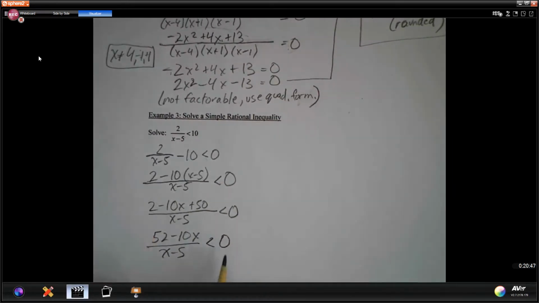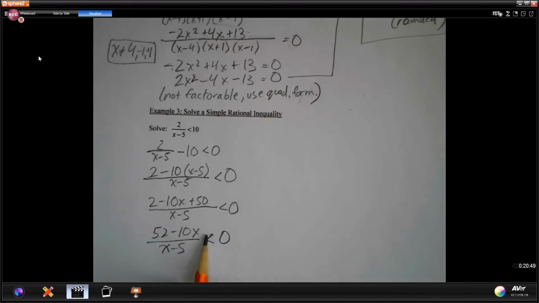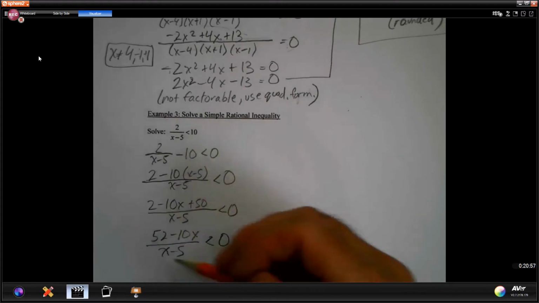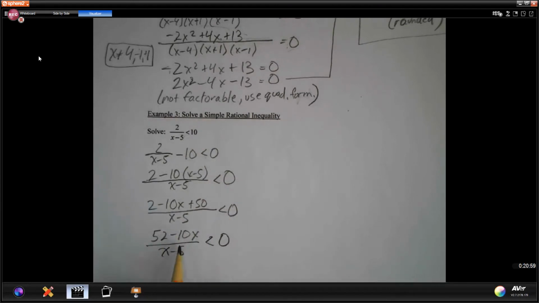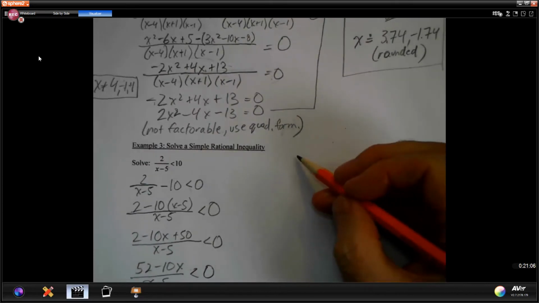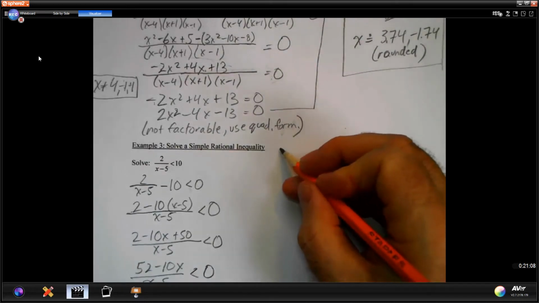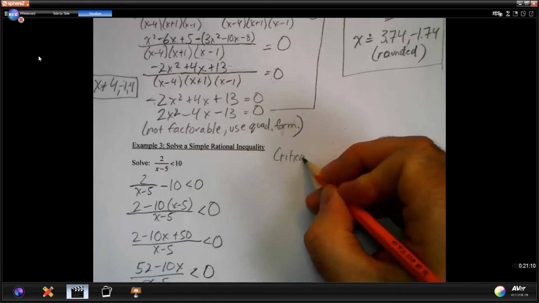Now, if this was an equation, if that was equal, I'd just set this equal to 0 and solve, but it's less than, so it's more complicated. So once I get it as a rational expression with an inequality sign and then a 0, the next thing I'm going to do is find the critical points. We talked about that at the beginning of the lesson.